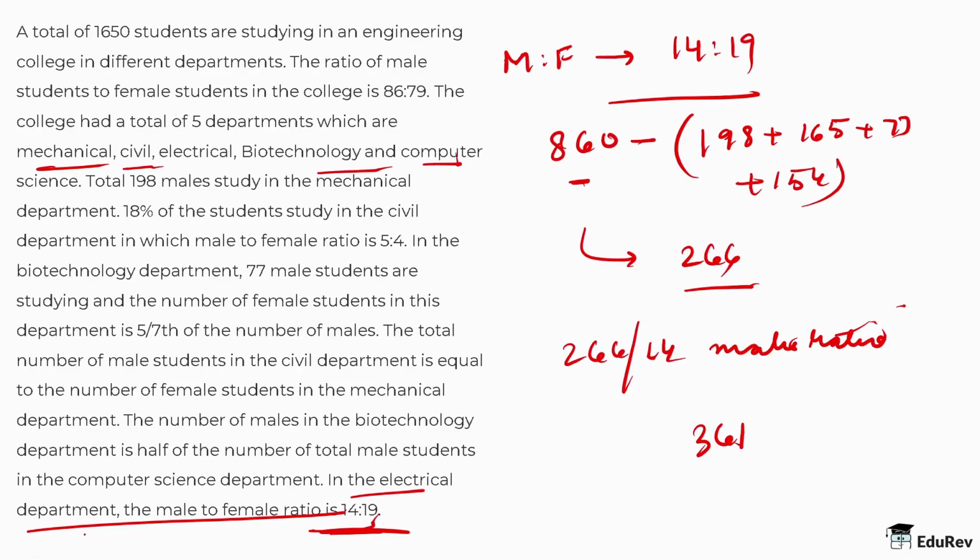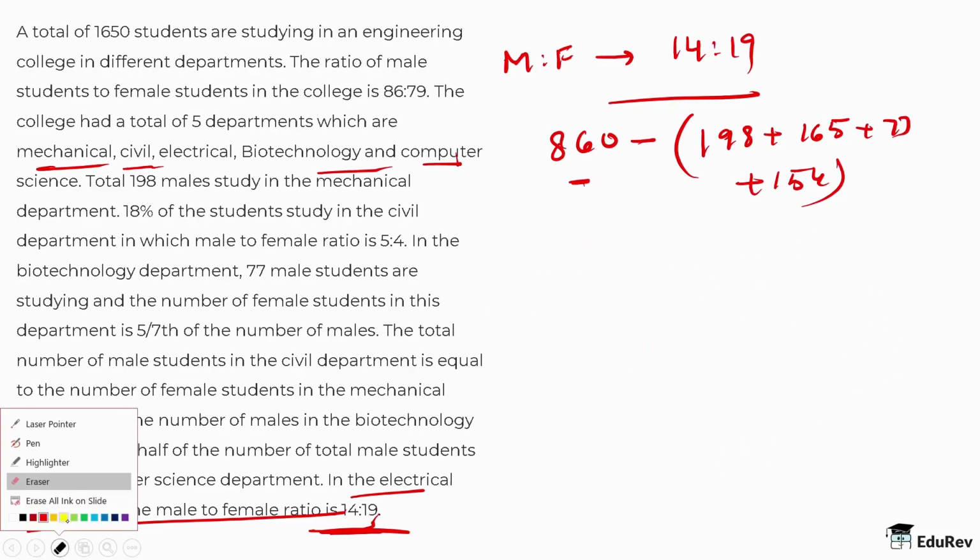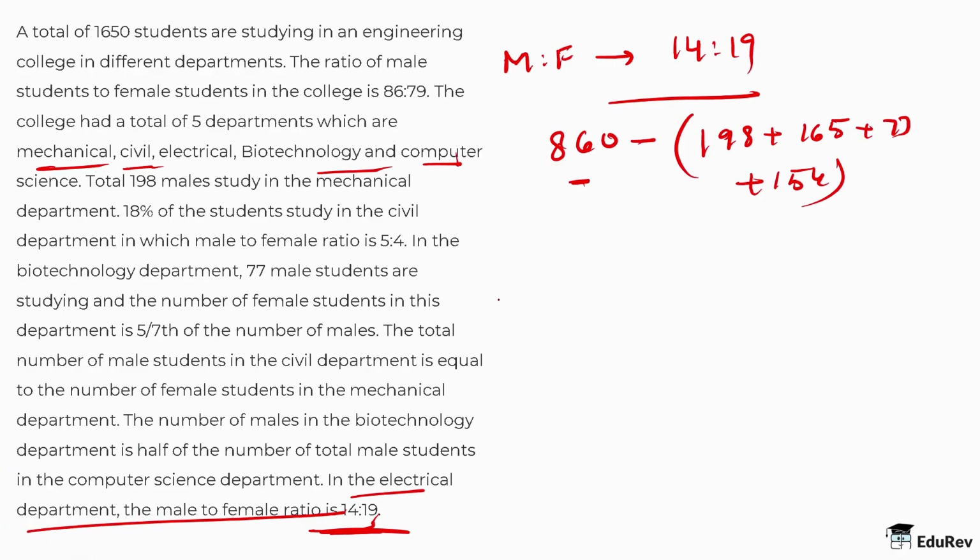So it's as simple as that. I'm just going to write this sentence so that you have no confusion. They are saying that the total number of females in electrical will be 19 into 19, that is your female ratio.